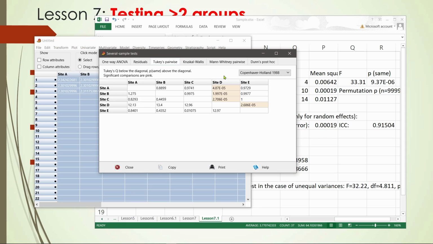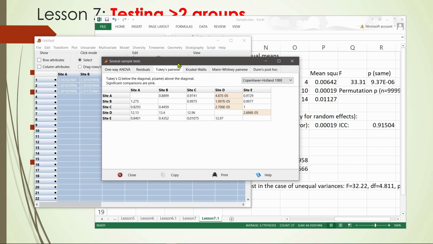So site D, the counts from site D are significantly different from the other sites. So site A versus site D, site B versus site D, site C versus site D, and site D versus site E. So site D is significantly different from the other sites. So this is for parametric testing.